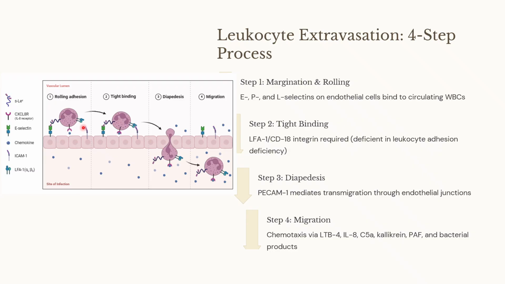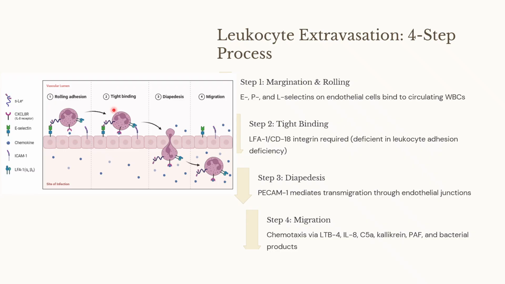This is by the E-selectin, P-selectin and L-selectin on the endothelial cells. So these selectins are present on the endothelial cells and bind to the WBCs. The tight binding is by the LFA1 CD18 integrin which is present on the neutrophils such that it binds to the endothelial cells. So when that is absent, it gives rise to leukocyte adhesion deficiency.